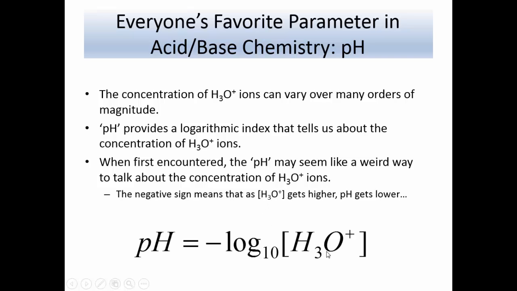If the hydronium ion concentration increased, the log of an increased number is also increased. But because of the negative sign out in front, the whole thing decreases. A lower pH implies a higher hydrogen ion concentration. It takes a little bit of getting used to, but you'll see the logic of it soon enough.